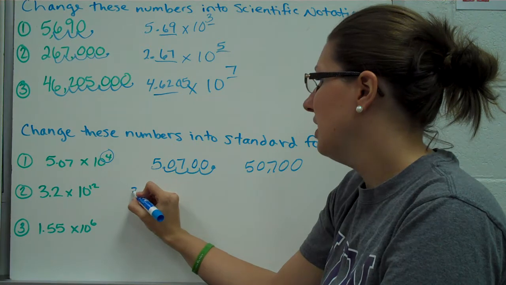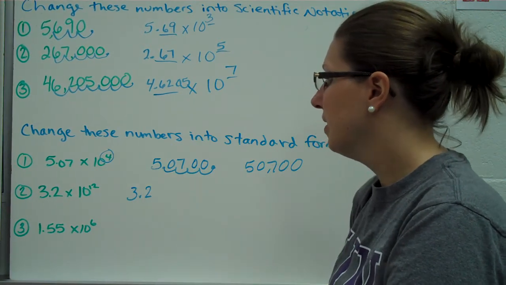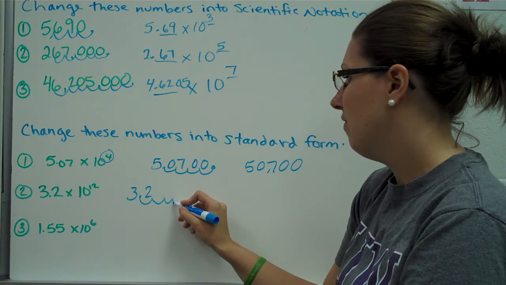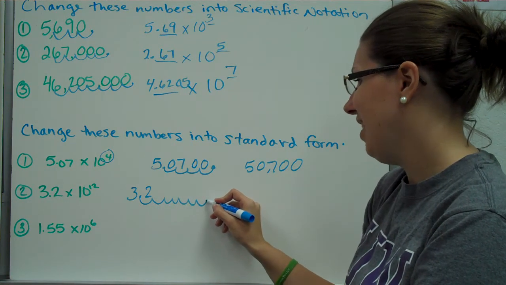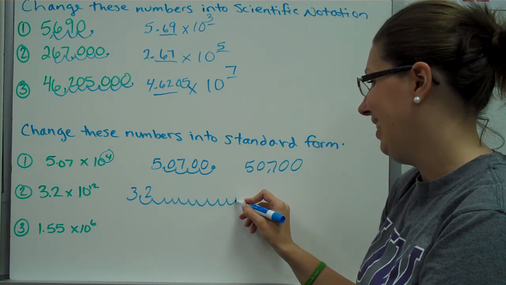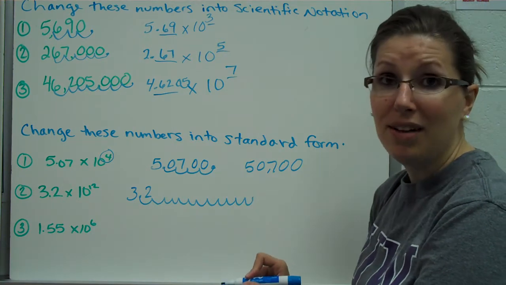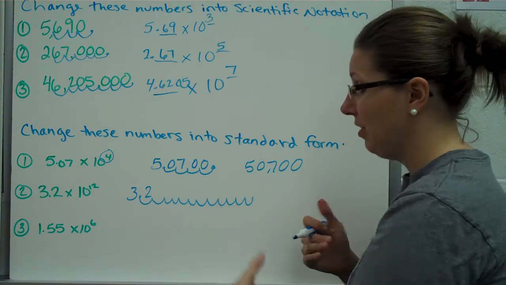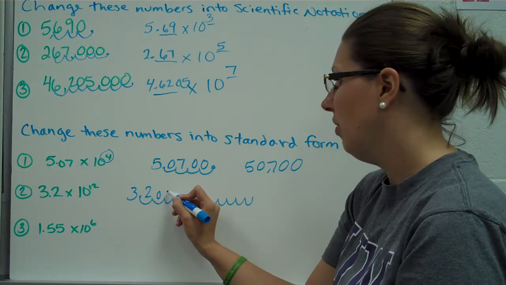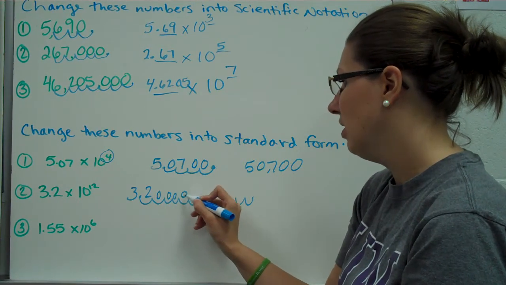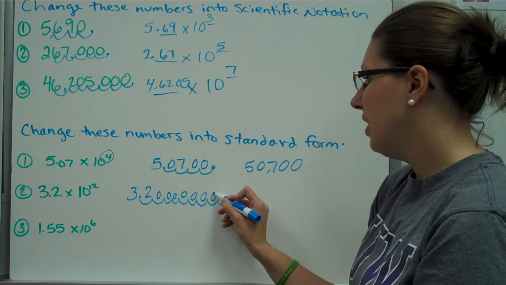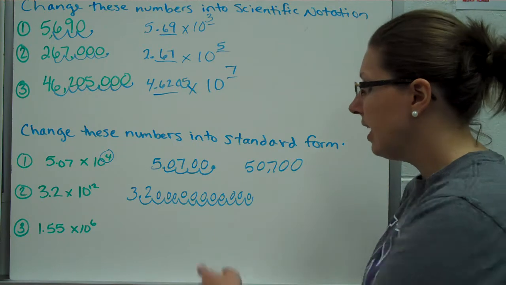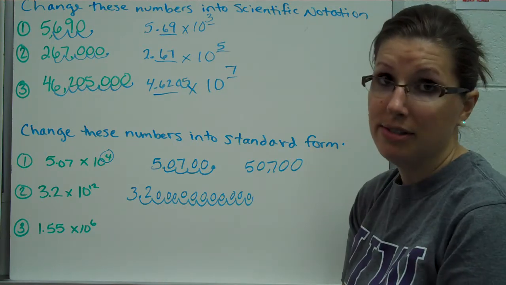It looks like I'm going to be moving the decimal a lot. So here I go. 1, 2, 3, 4, 5, 6, 7, 8, 9, 10, 11, 12. That's a lot of zeros that I'm going to fill in the place values that I've moved. Remember, you're only moving place values. You don't necessarily just add 12 zeros. In this case, I've only got, it looks like 11 zeros.